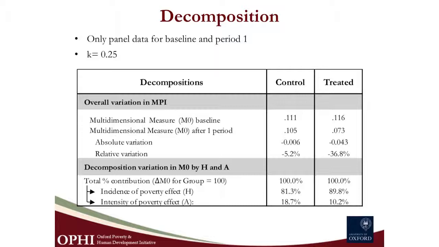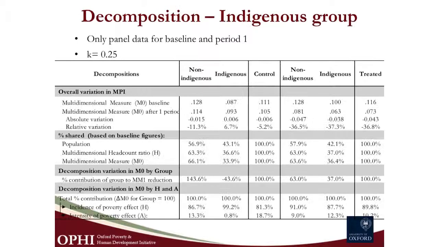Here we can do what Sabina showed with the panel data, precisely. As I have panel data, I can see exactly how much of my reduction in the deprivations in each group has to do with movements in and out of poverty, or the intensity of those that remain poor. But better than that, you can decompose this by groups. So here I have non-indigenous and indigenous in both control and treated areas.